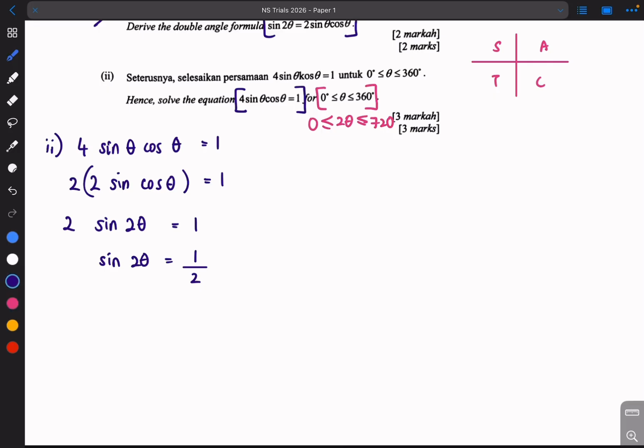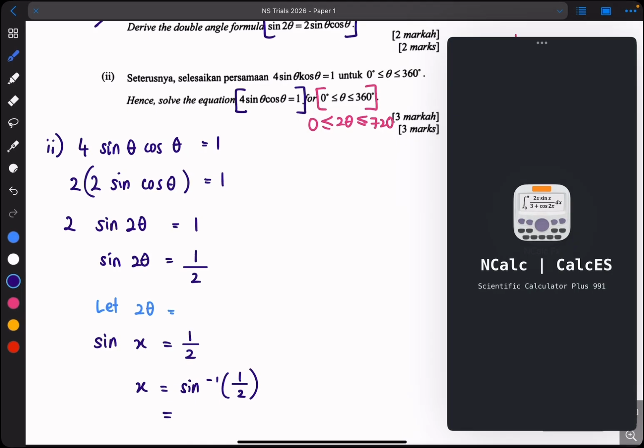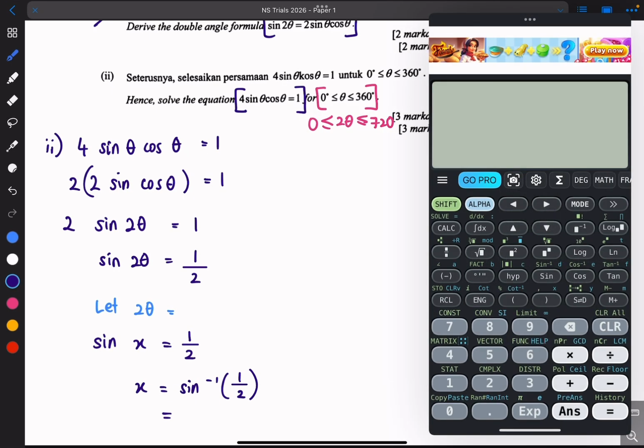Right, so to solve this first, the easiest thing would be we let 2 theta equals x first. So we can easily solve x. So we say sine x equals 1 over 2. Okay, so x would be shift sine 1 over 2. This will give us 30.